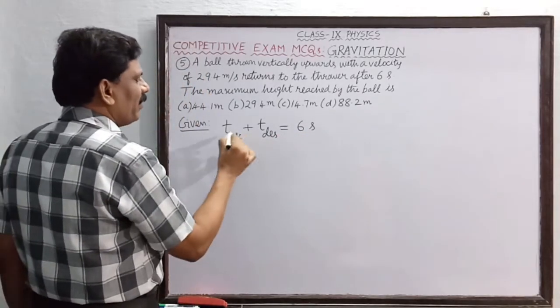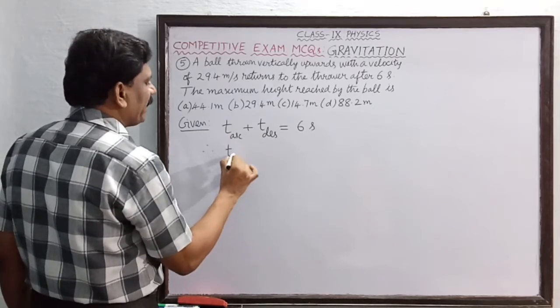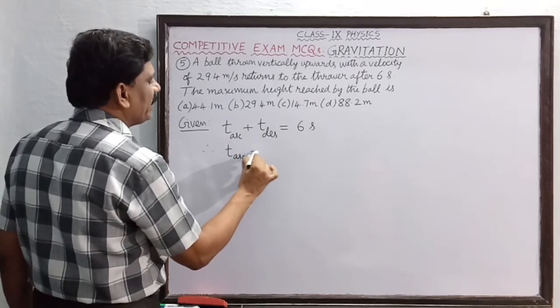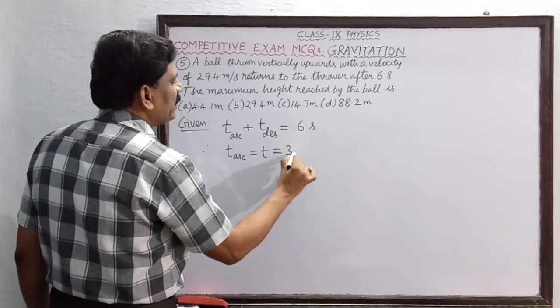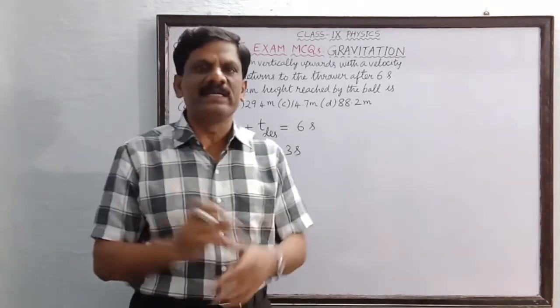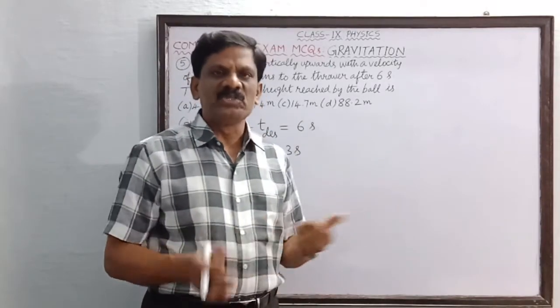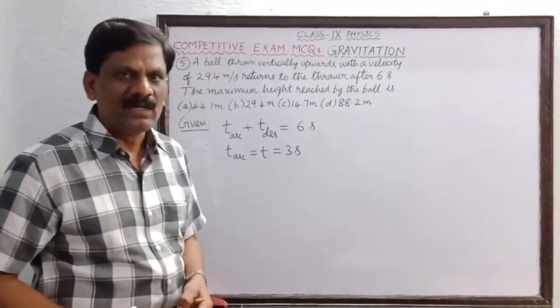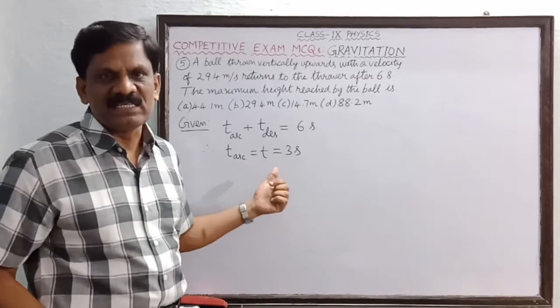Therefore the ascending time, we will call it t itself, is equal to 3 seconds. This is the only point you have to understand here. Otherwise, it is simply substitution in the equation. Have you all understood?